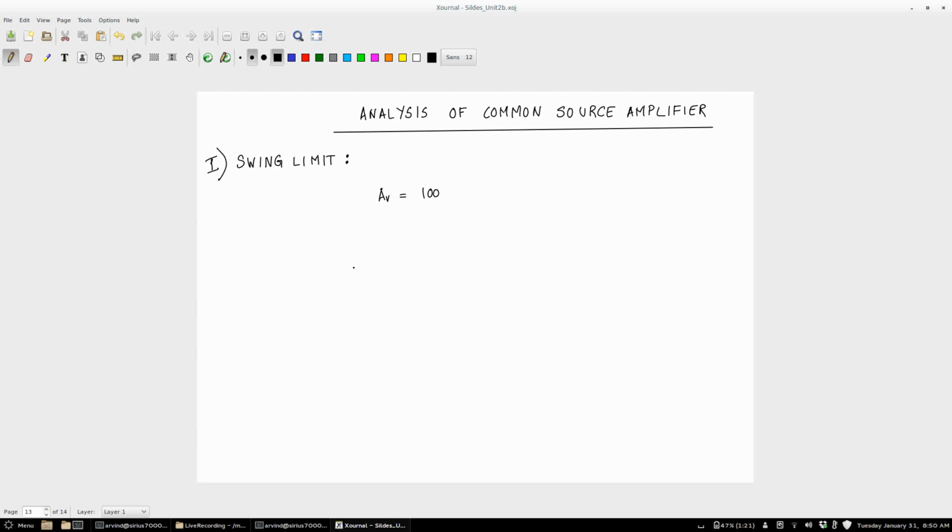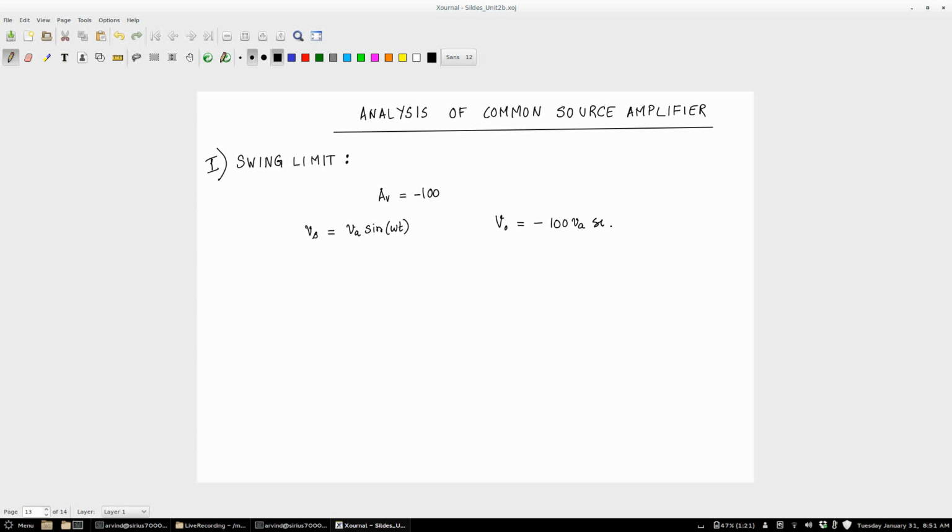Basically, the swing limit refers to the large input signal I can give to the amplifier and still ensure that the amplifier works. Okay, so say I have chosen my amplifier with gain, say my gain is 100. Let my input Vs be some Va sin omega t.